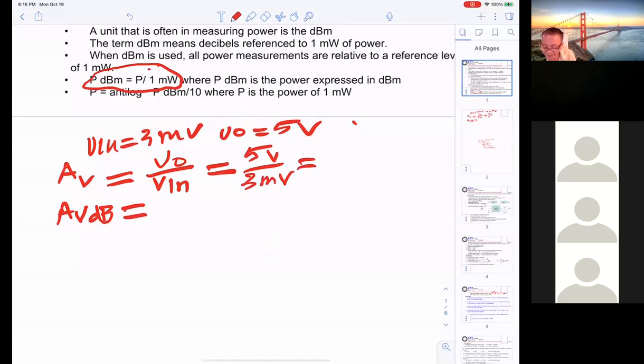Make sure you understand you cannot divide volt by millivolt. They have to be the same unit. Either way, you have to change both into milli or both into volt, doesn't matter. So if you change it to millivolt, you get 5,000 divided by 3.